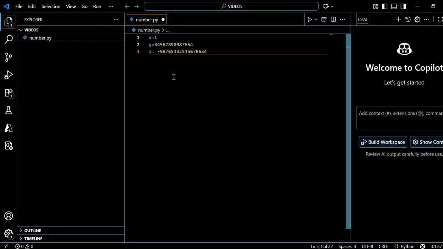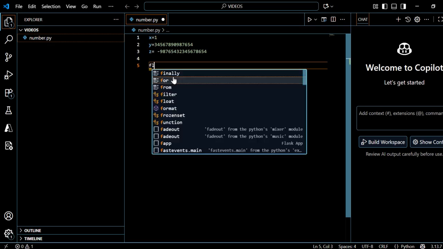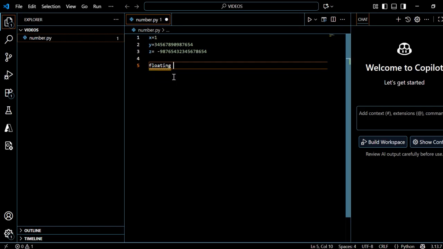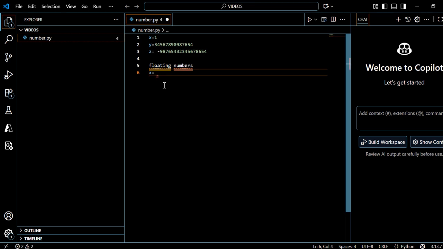For a floating number, we said that a floating number is a number, positive or negative, containing one or more decimals. So, for example, we can write x equals 2 point, any number that you can think of.